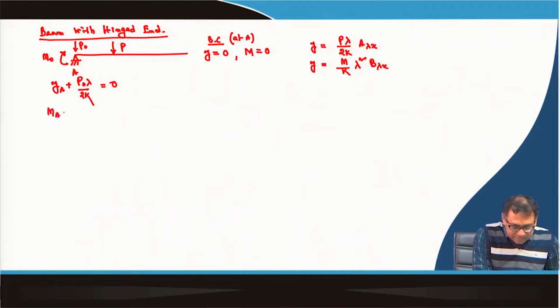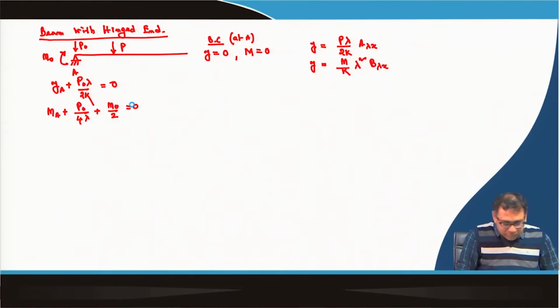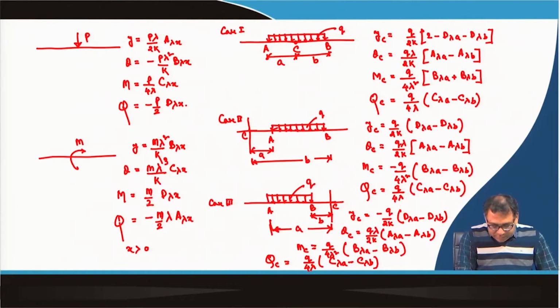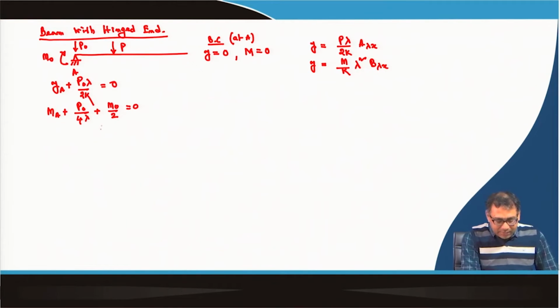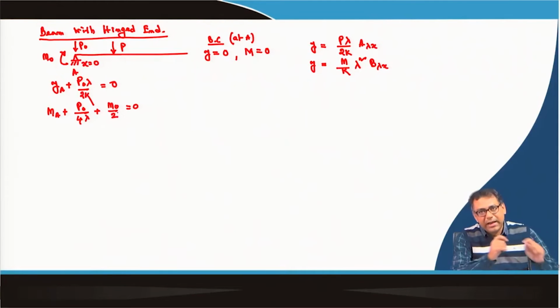So, M A, then the bending moment due to this P0 will be P0 by 4 lambda plus M0 by 2, that is also equal to 0. And why I am not taking the coefficient part, because the coefficient part will be 1, since this point is x equal to 0. So, here all the coefficients will be 1: A lambda x will be 1, C lambda x will be 1, D lambda x will be 1, but B lambda x will be 0.